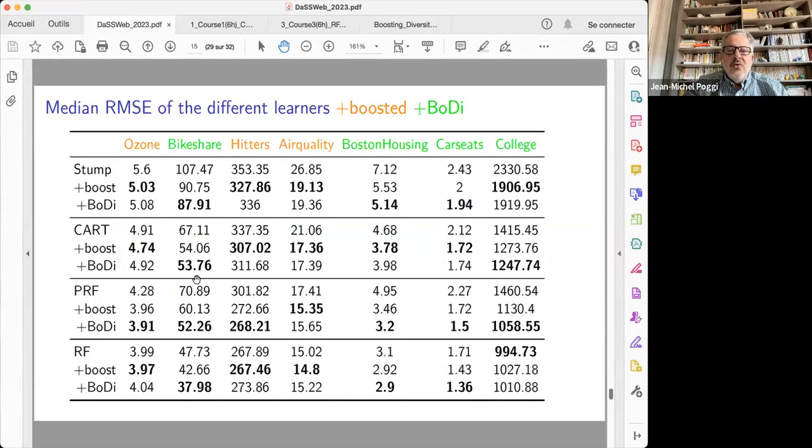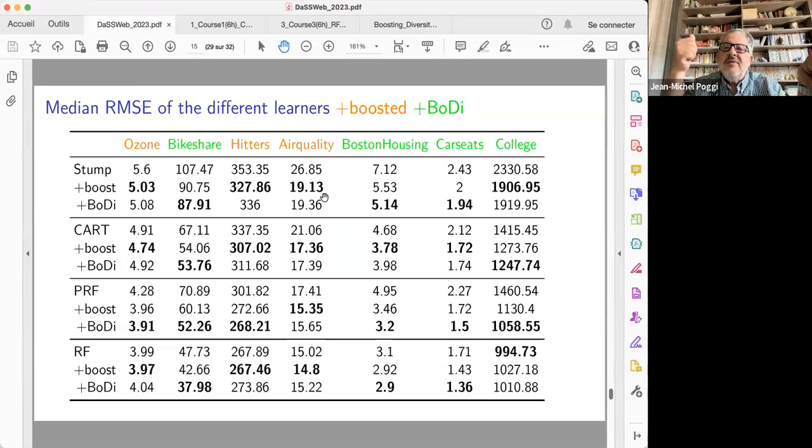In fact, you can see two different situations: data sets in green, for which diversity boosting beats boosting, and three data sets for which it is not the case. The key point is not to organize a fight between boosting and diversity boosting. I just recalled the way to do that.